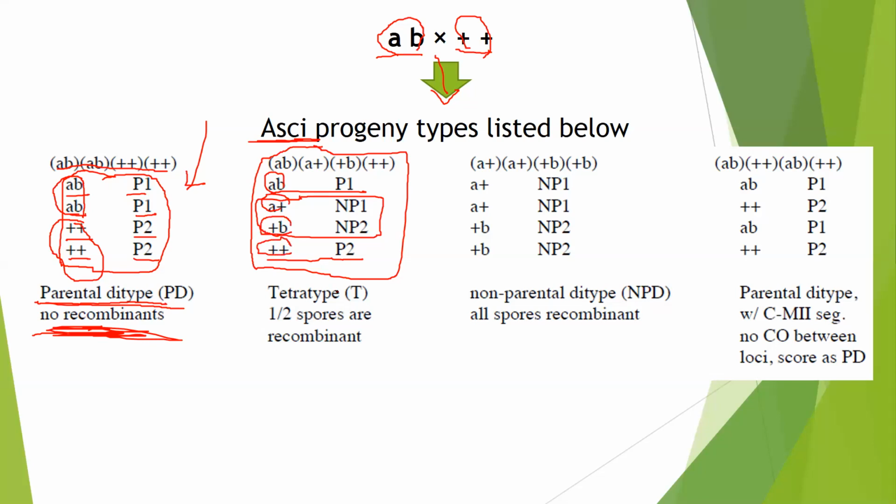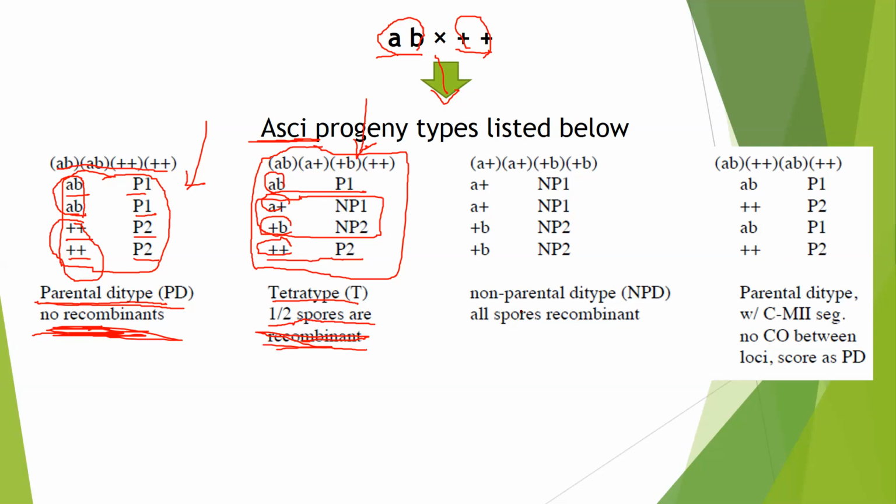Out of these 4, 2 are parental type and 2 are non-parental type. So this is called the tetratype. And 50% of the spores, the progeny within this ascus, are recombinants. Because if we want to measure the genetic distance, we are most interested in the recombinants, so we want to calculate the recombination frequency. In this type, only half of them, 50% of the progeny, are recombinant.